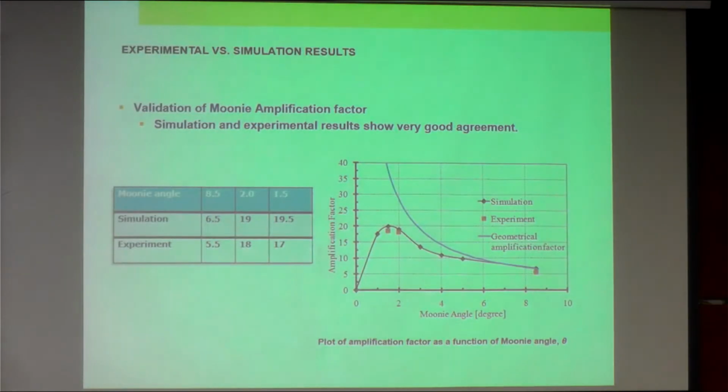This is the amplification mechanism prediction: at an angle of 2 degrees, simulation predicts 19 and the experiment gives 18 times. So this can be said to agree well in terms of simulation and experimental results.